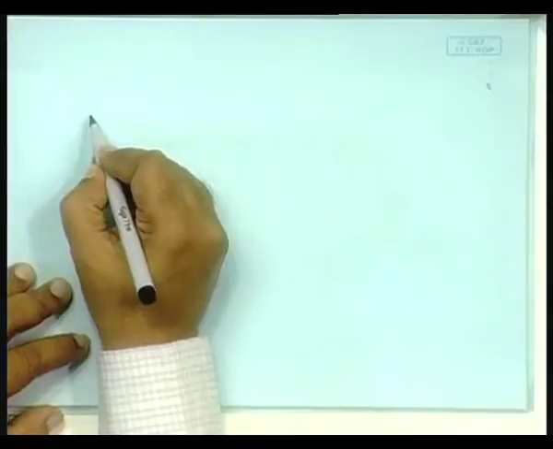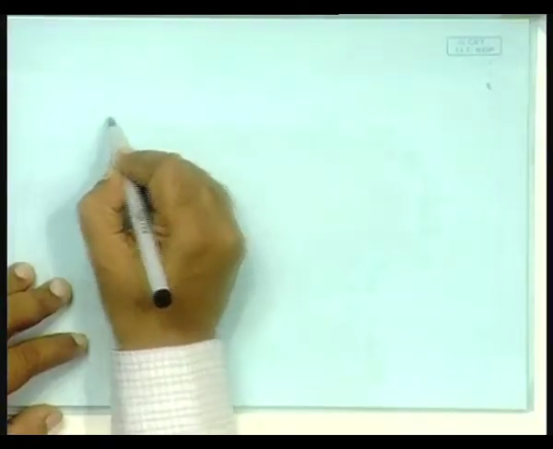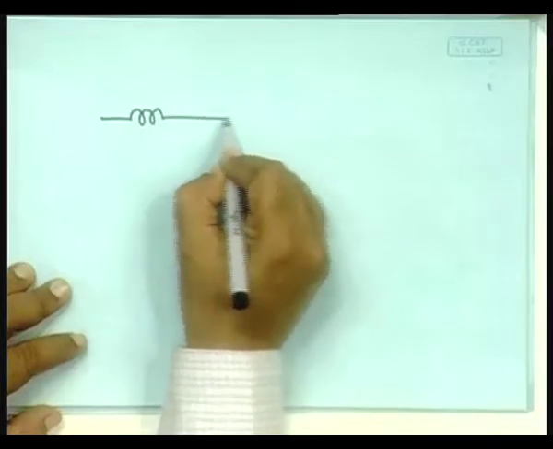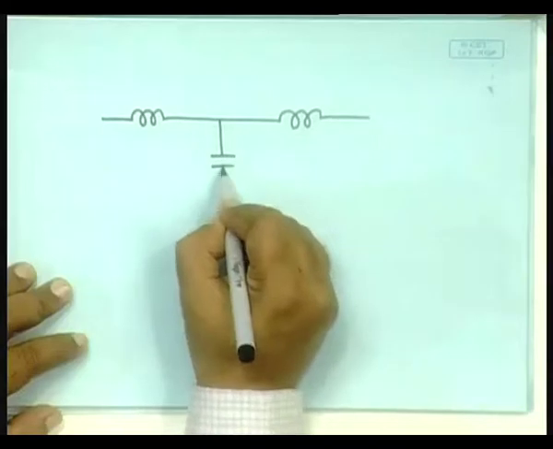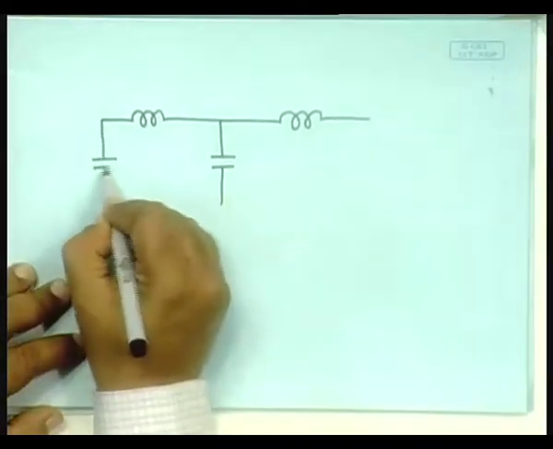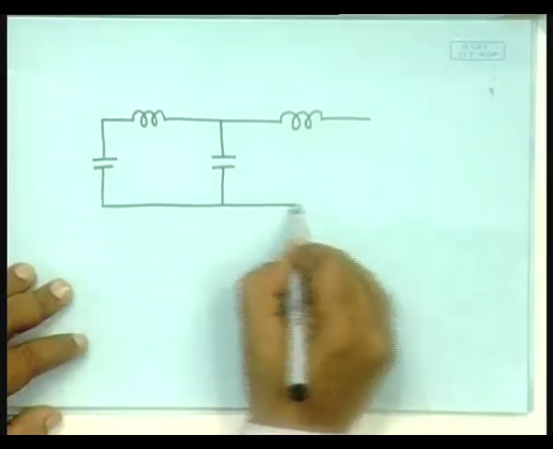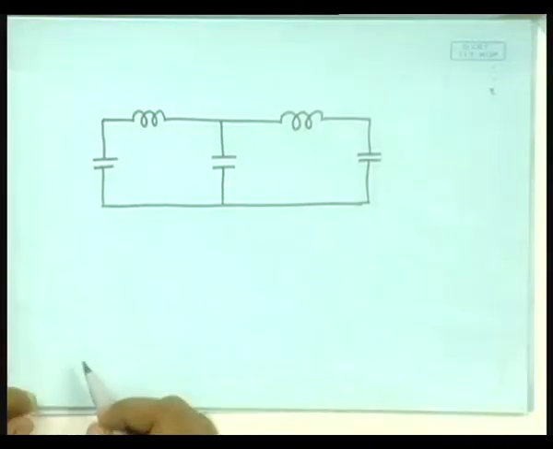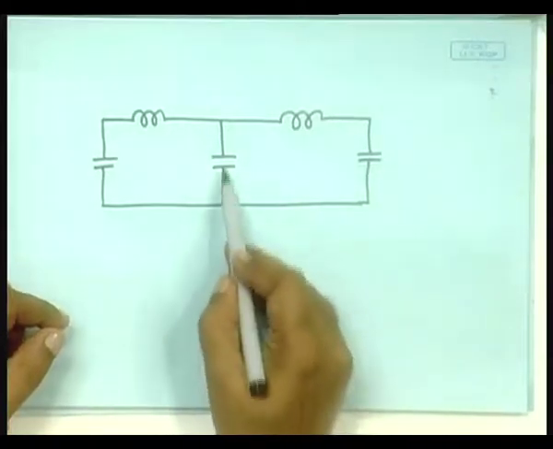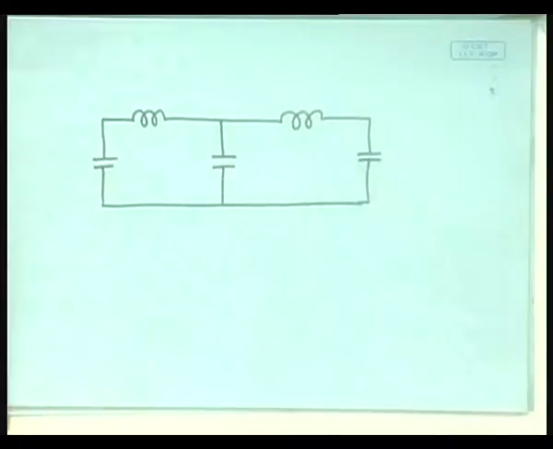Say, suppose the circuit is like this. There is an inductor, there is another inductor, there is a capacitor, there is a capacitor, and there is another capacitor. Then there is a charge flowing here, here, and here, and what are the minimum number?